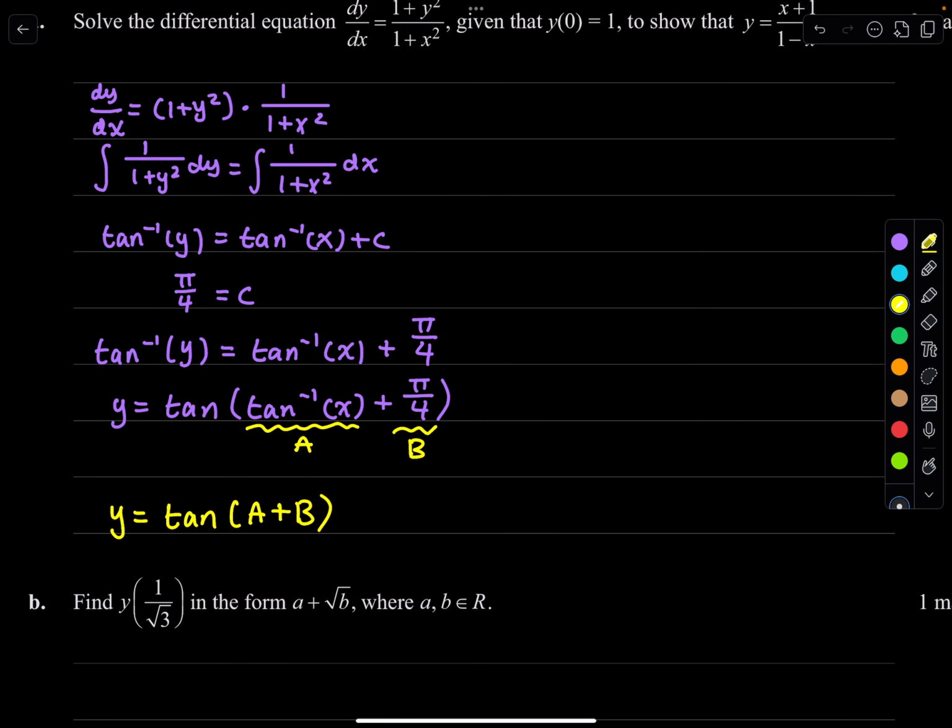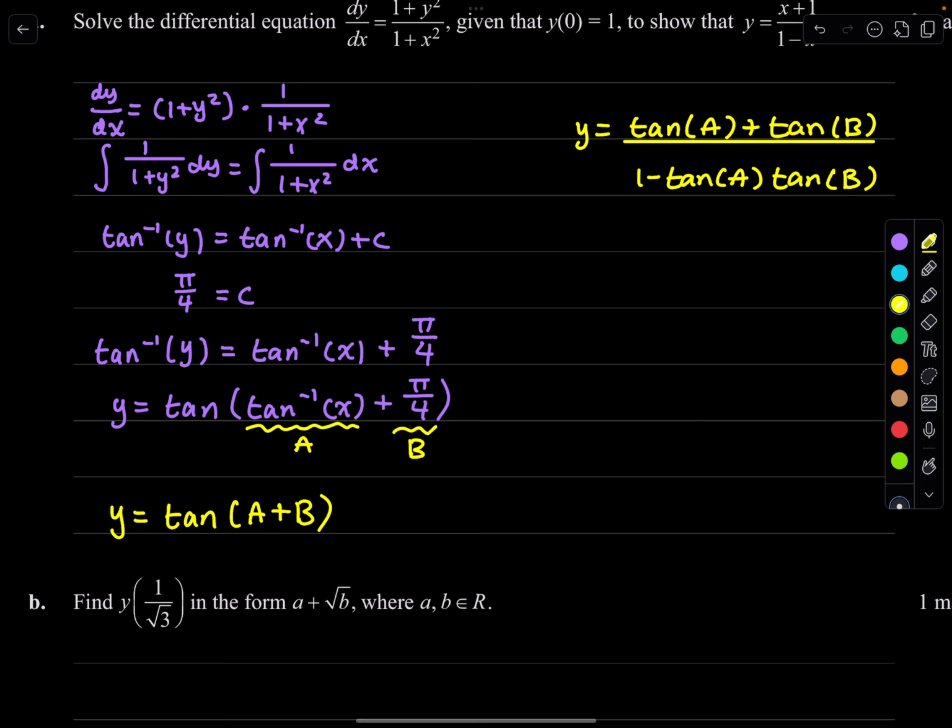So y equals tan A plus tan B all over 1 minus tan A times tan B.